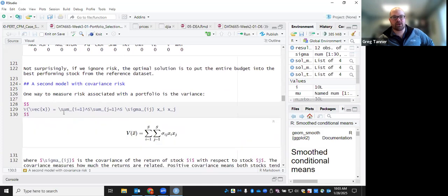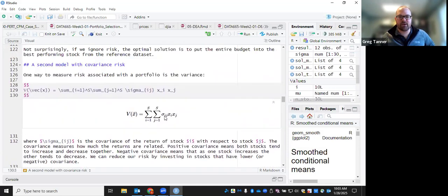And for this one, we're going to want to look at the variance of the portfolio. Okay, and we can compute the variance of the portfolio by this quadratic function here. The sigma ij's are the covariance entries in the covariance matrix.